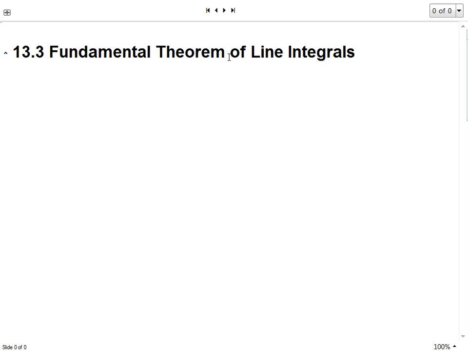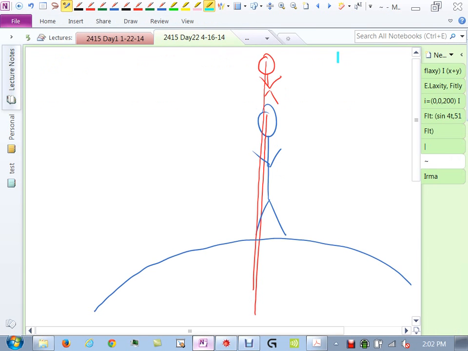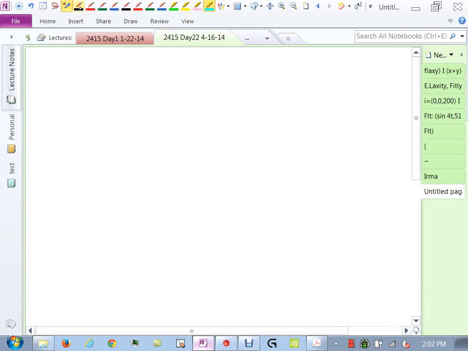Fundamental theorem of calculus said there was a connection between the derivative and the integral, right? And there were 2 versions of it. But the one that we use the most is this one. It says that the integral from a to b of f prime of t dt is equal to f of b minus f of a.